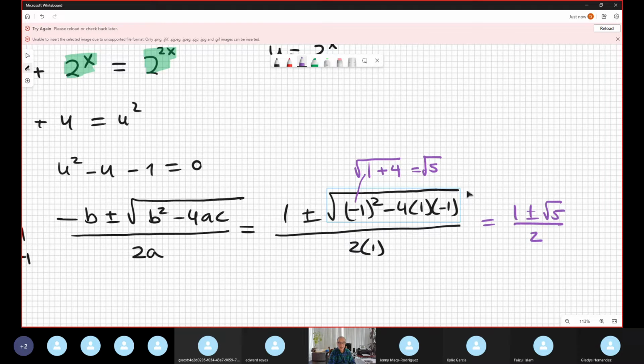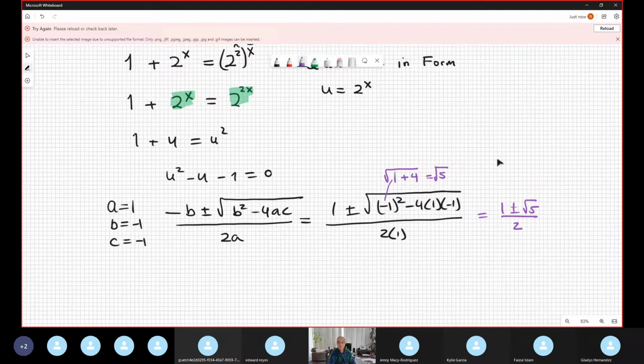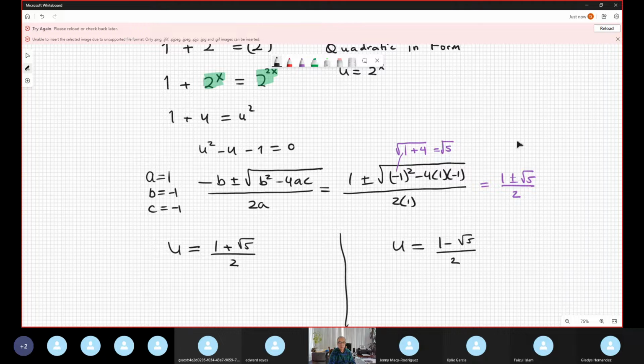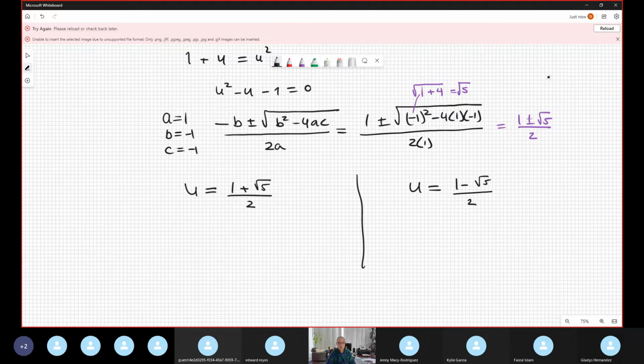So we have two u values, real, totally irrational. And you put on the paper, u equals 1 plus radical 5 over 2, and u equals 1 minus radical 5 over 2. Okay, and who is u? u is 2 to the x. So 2 to the x is equal to 1 plus radical 5 over 2.